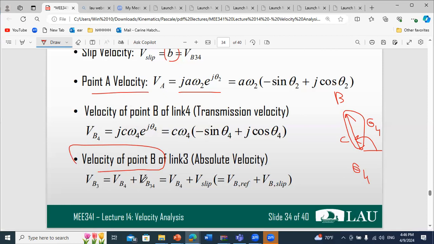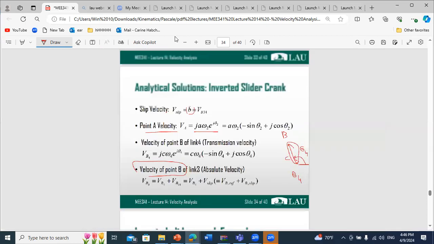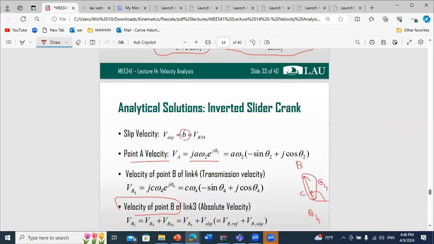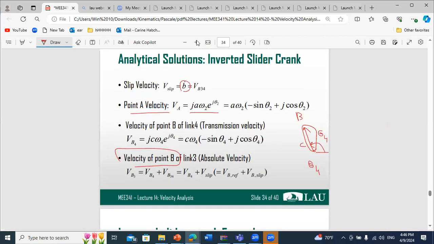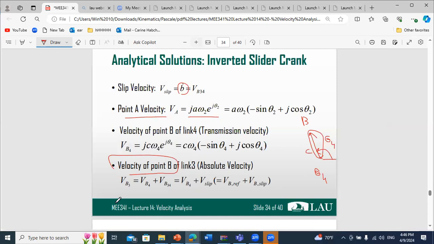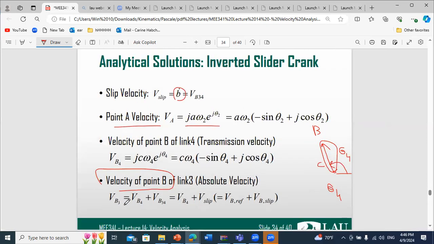You have the rotational component and you have the slipping component. So these are the two terms that we identified in the previous relation. Okay, so you are taking the same point B, but one time you considered it as a point of the output link, and one time you considered it as a point of your coupler.